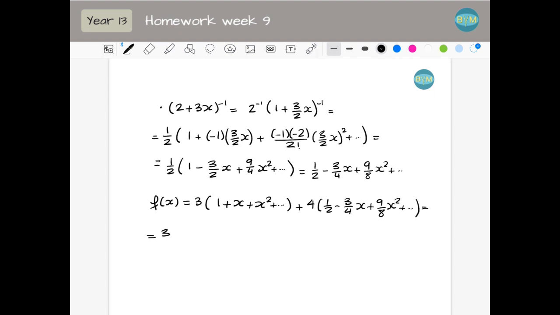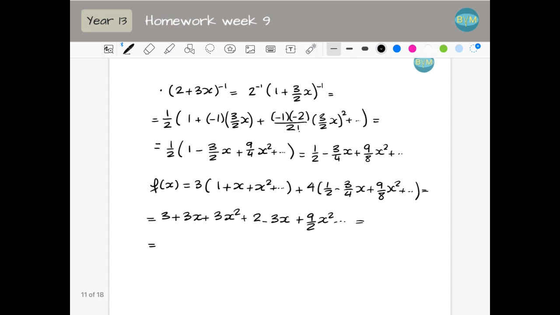So I have 3 plus 3x plus 3x squared plus 4 times 1/2 is 2, minus 3x, plus 9/2 x squared. And then I put the coefficients together. So 3 plus 2 is 5, 3x minus 3x are gone, and 3 plus 9/2 is 15/2 x squared. So that's it, up to x squared.